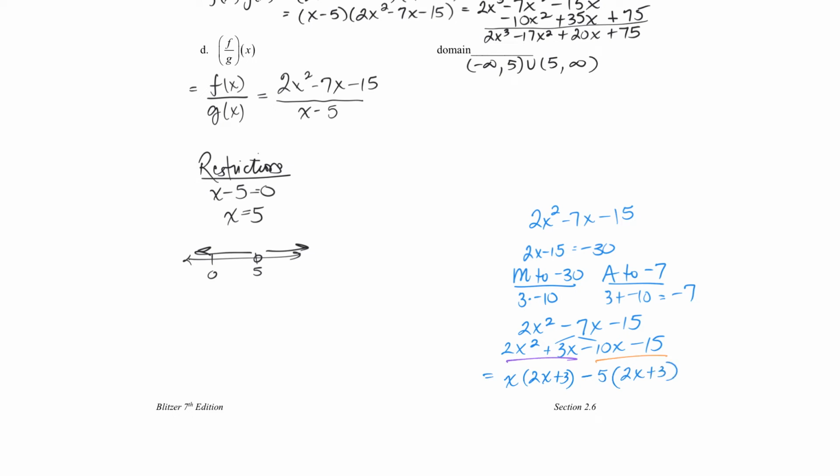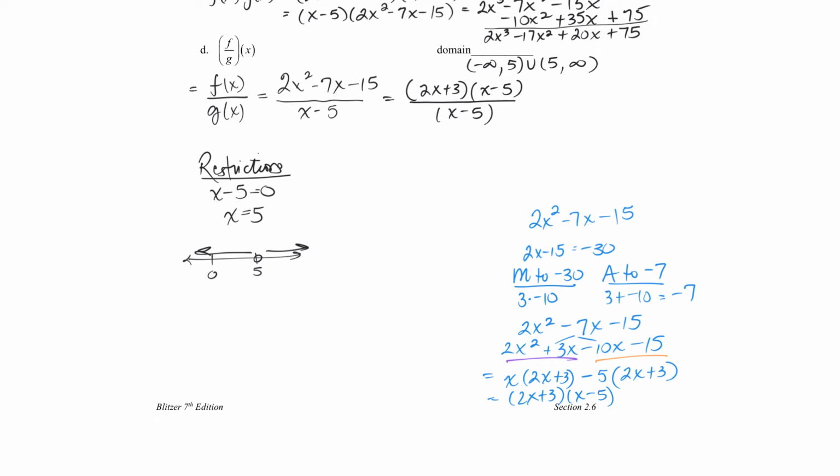I'm going through this kind of quickly, and if you need to go back and review and refresh, there is that review material in Blackboard. Common binomial factor of 2x plus 3. And I am left with x minus 5. So now I can come back up here and note that this is 2x plus 3 divided by x minus 5, all divided by x minus 5.